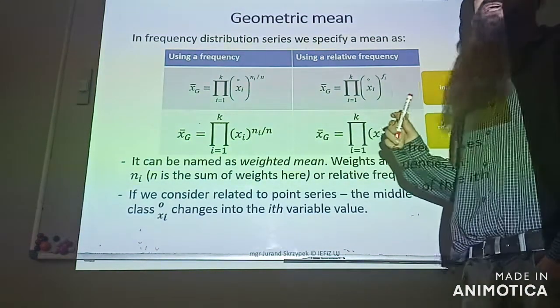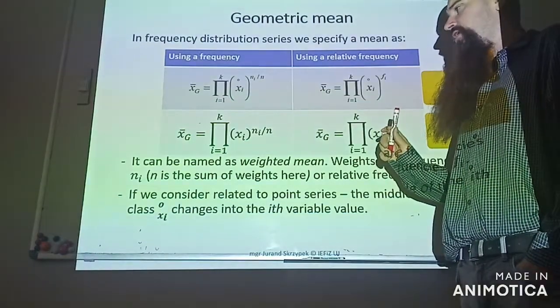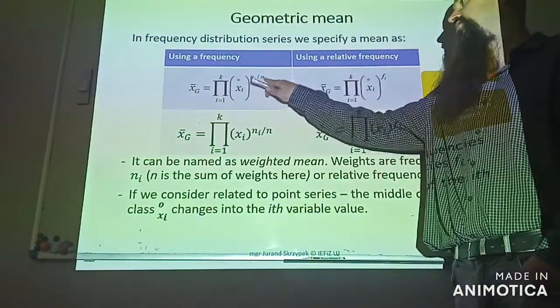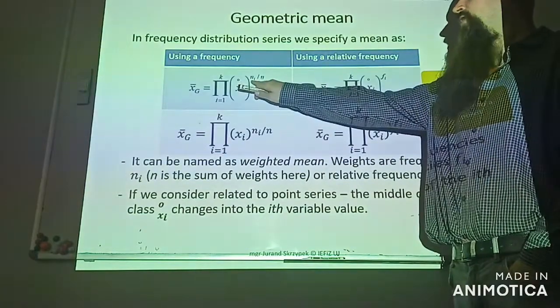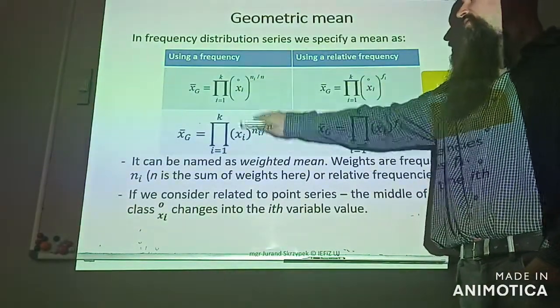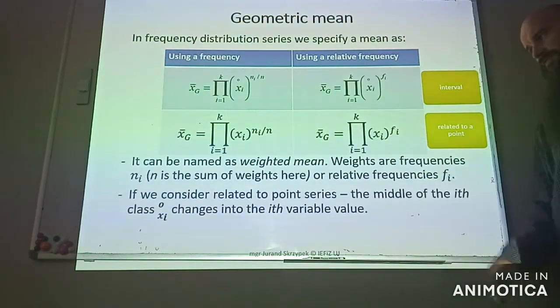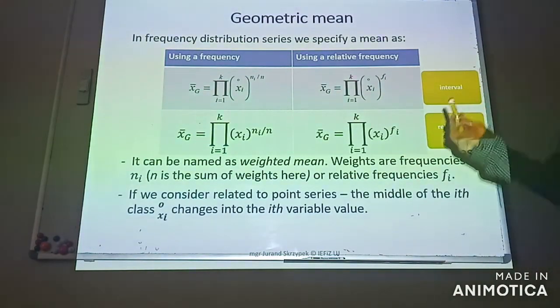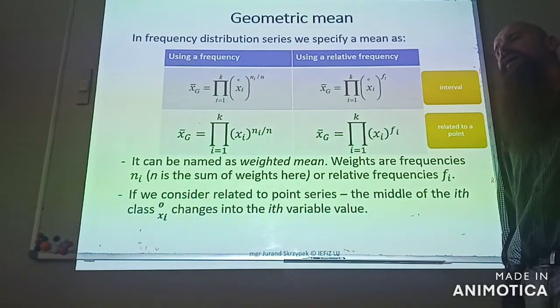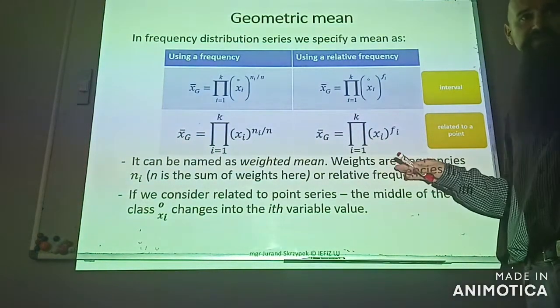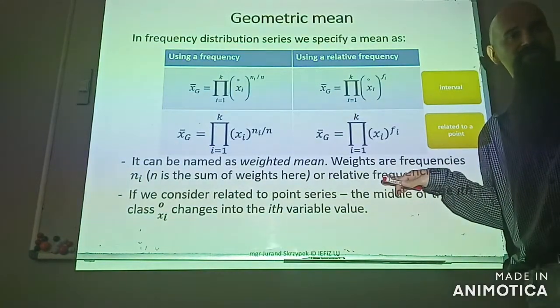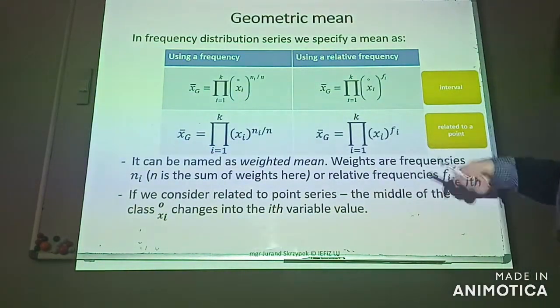Of course, we can perceive as the exponent here frequencies and relative frequencies. They play a role of weights, similarly to the previous situation when we talked about the arithmetic mean.